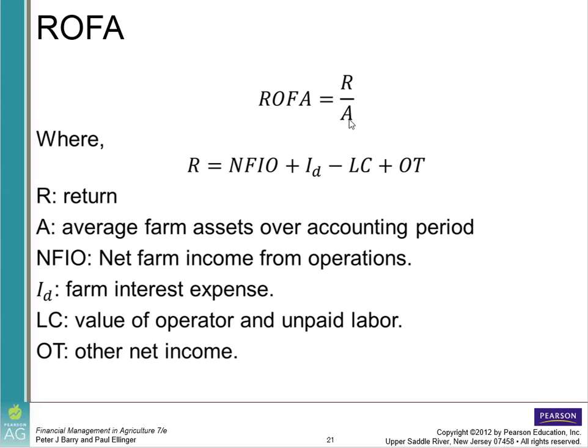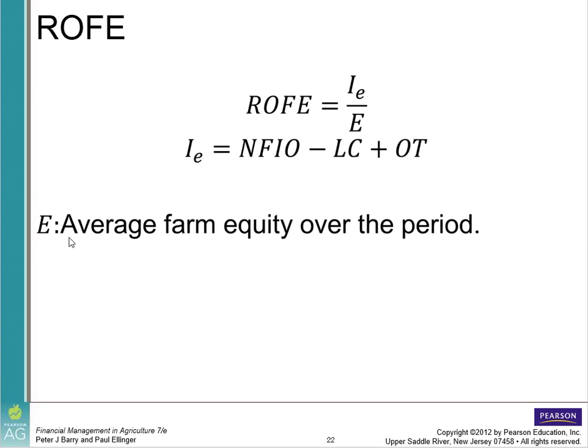Now it's possible you can look over more than two periods, but typically we're looking at an accounting period. So you take the average of the two, and then you get this number which you can plug in here. Okay.